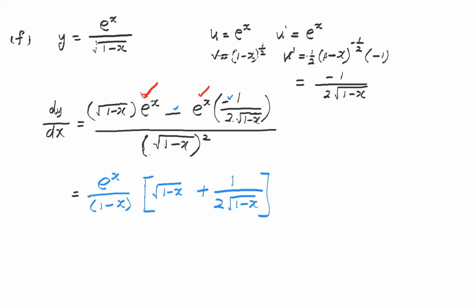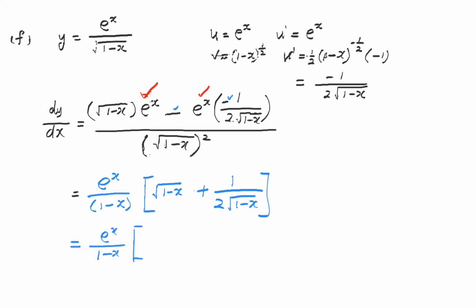Forgo the 1 mark. You get what I mean? But those who want to get A plus, you must know how to simplify. Are you clear? You don't want to stress yourself up, especially when you see something very complicated. But if you want to get A plus, you make sure you know how to do it. So this is equal to e to the power x divided by 1 minus x.